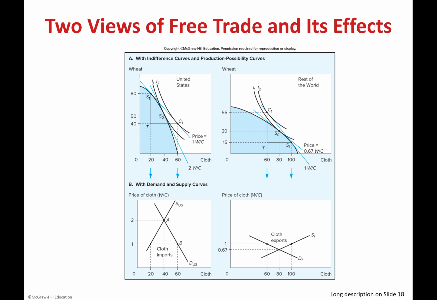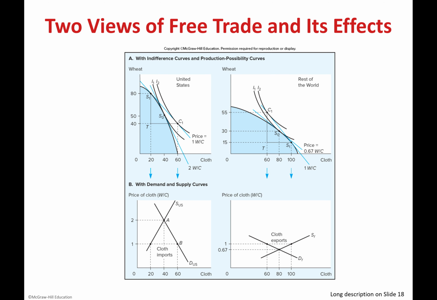So the difference between 15 and 55 is 40. Similarly, for the horizontal axis, the amount with trade that the US will be producing of cloth is 20, but they were consuming 60 units of cloth. So that difference is 40. So in other words, the foreign country, the rest of the world, must be producing 100, but it gives up 40, so that's 60. So that takes us to the point C1.